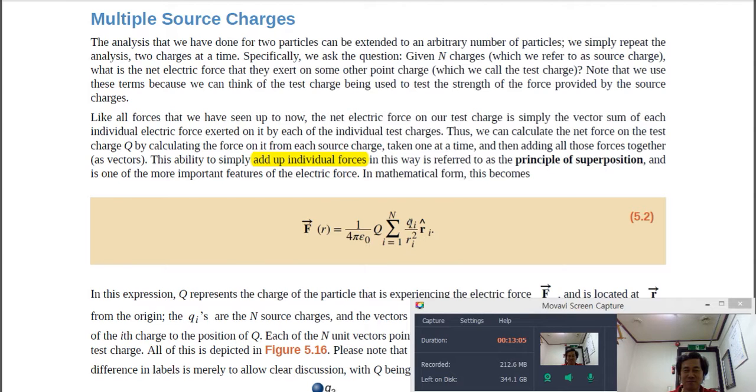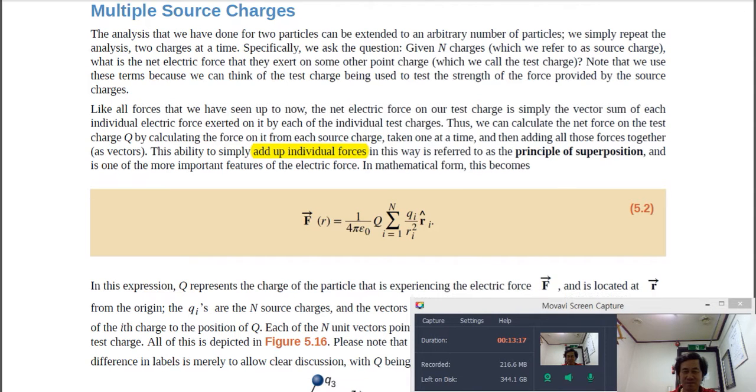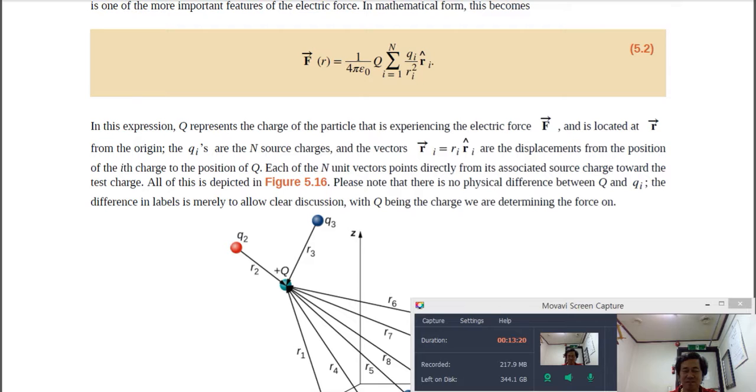So this is the force acting on a charge from other electrons. Suppose there are n plus 1 charges. Let me look at one specific example.